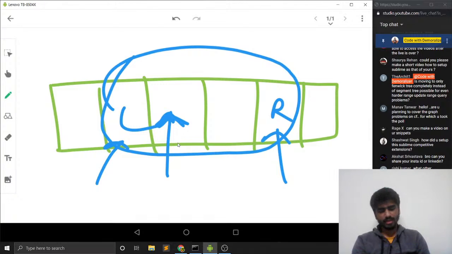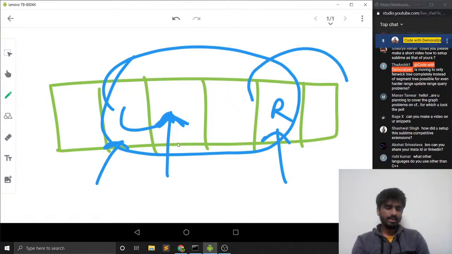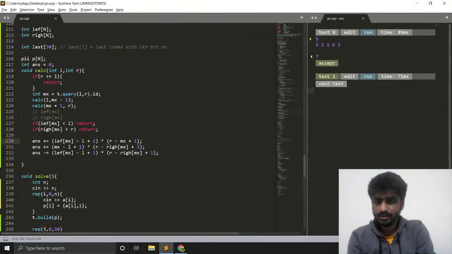The ones which have both of these are R minus right plus 1 times left minus L plus 1. Or maybe that's what I did wrong. Left minus L plus 1 and R minus right plus 1.